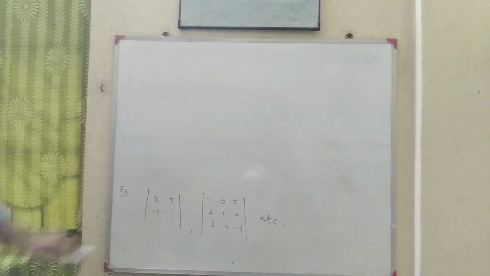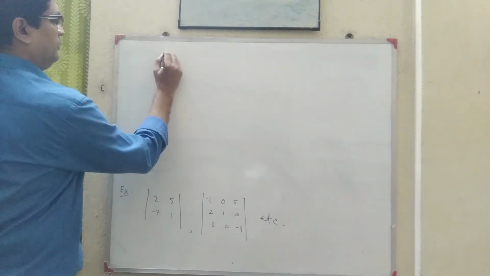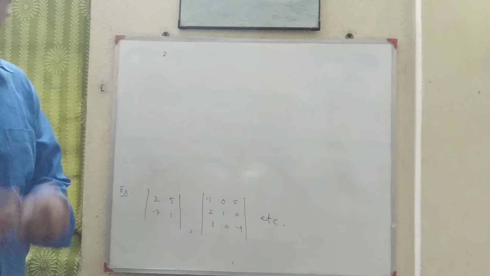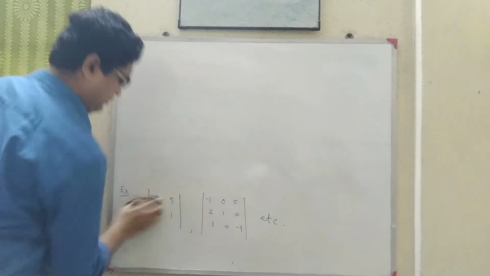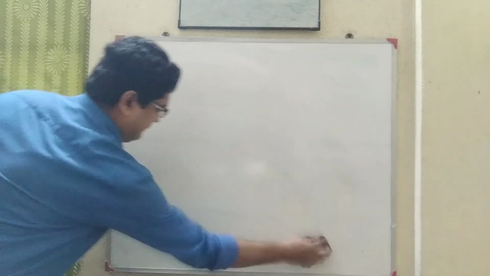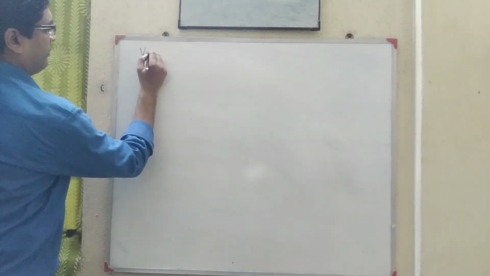Suppose let us consider this determinant 2, 5, minus 7, 1. First, the value of a determinant.